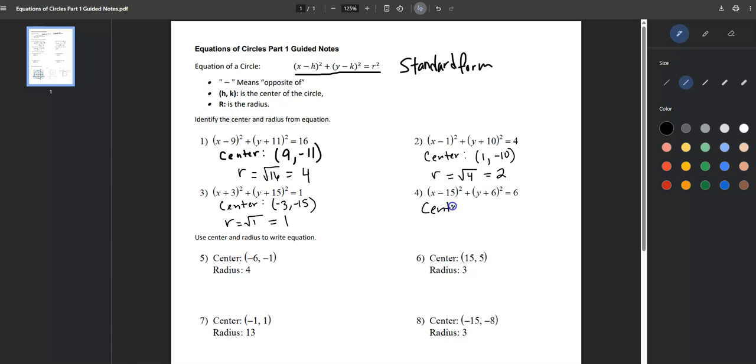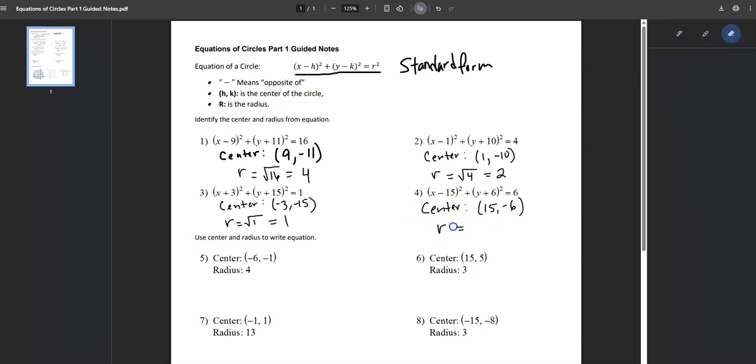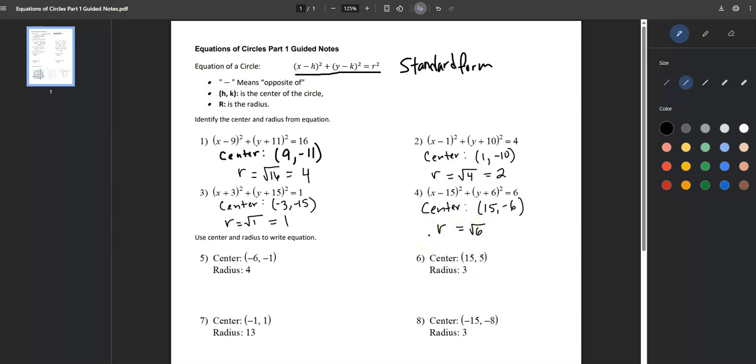This fourth one, my center is going to be at 15, negative 6, and the radius is going to be equal to the square root of 6, which doesn't come out evenly, so you can just leave it as the square root of 6.